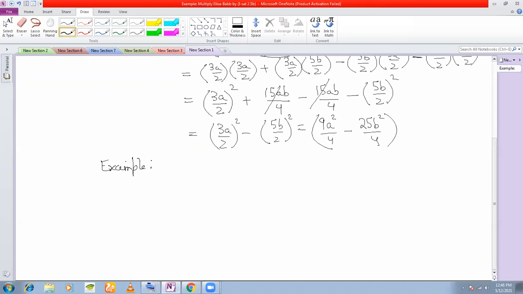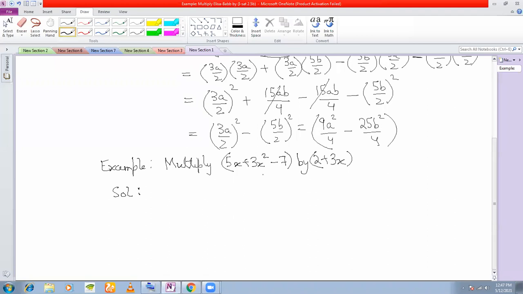So the next example that I'm going to take is: multiply 5x plus 3x square minus 7 by 2 plus 3x.